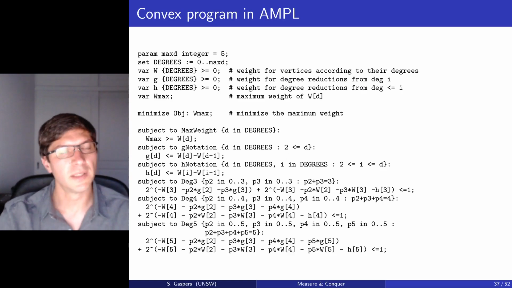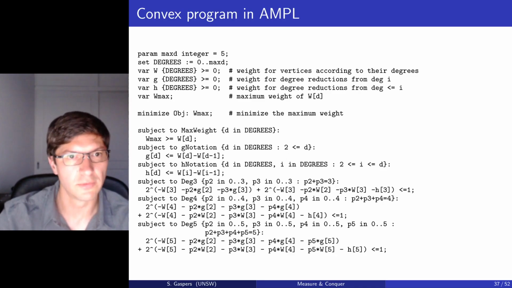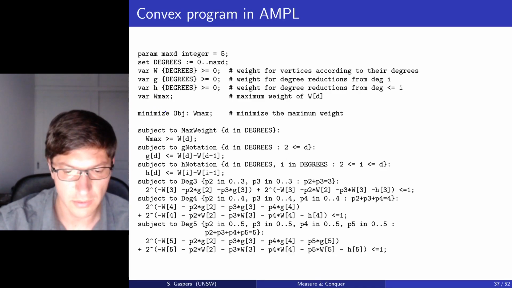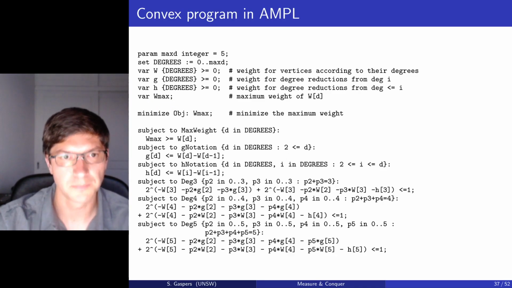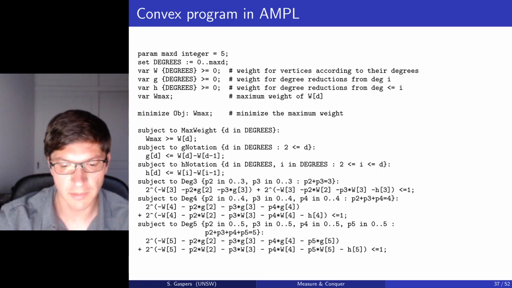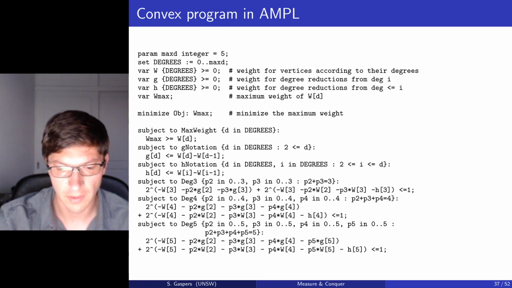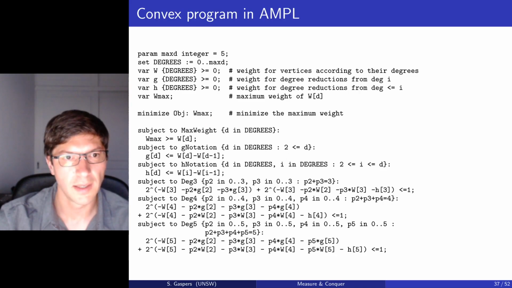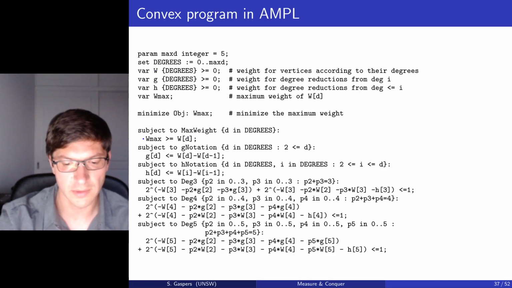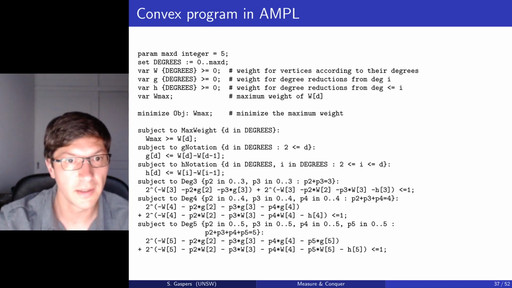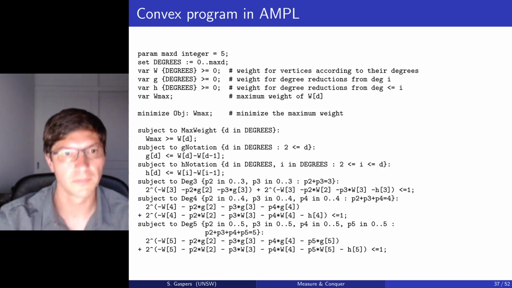So in the end, we want to minimize the maximum weight of a vertex, and we encode this as the variable wmax. So our objective is to minimize wmax. And then just to ensure that wmax is at least as large as any omega value here, we say that wmax is at least omega d, and we have such a constraint for every value for d in our set of degrees.